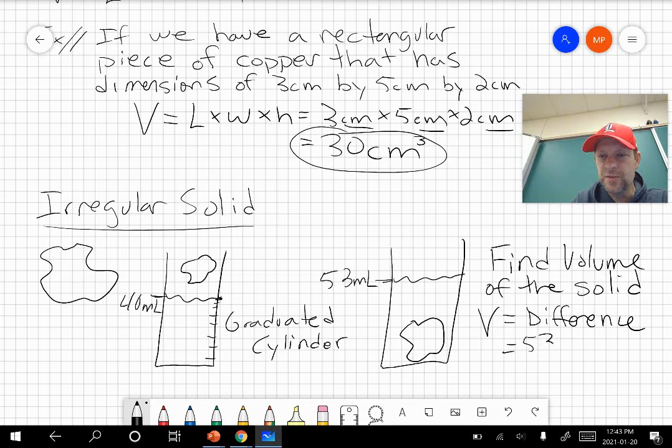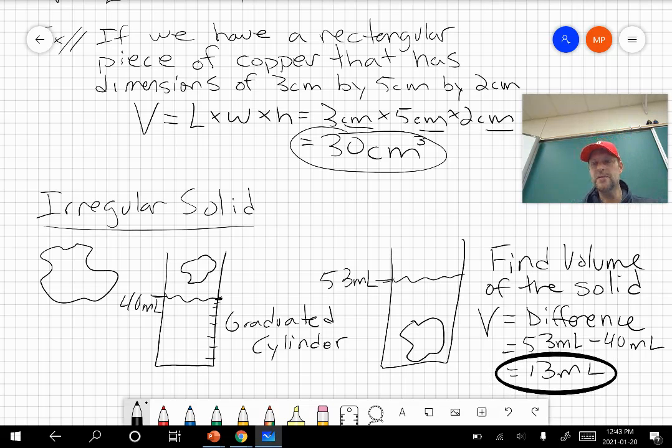So you go 53 milliliters minus 40 milliliters equals 13 milliliters. So you can measure the volume of irregular solids in milliliters. Now you can also say that that's a centimeter cubed, because here's something that we should also add, is that 1 centimeter cubed is actually the same as 1 milliliter.